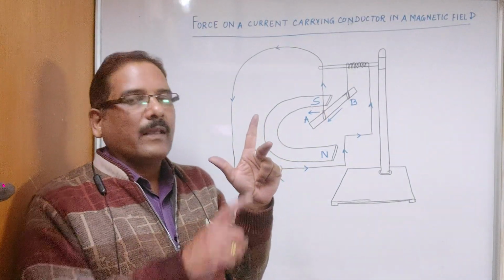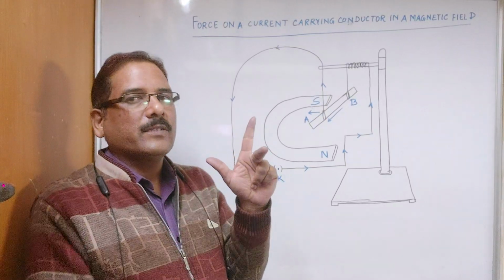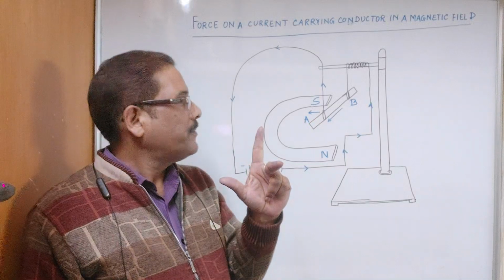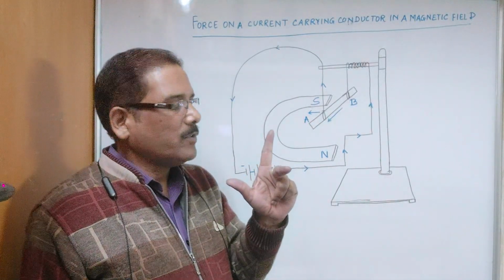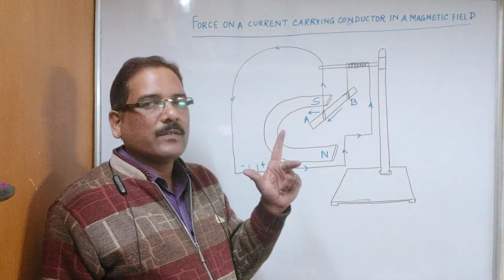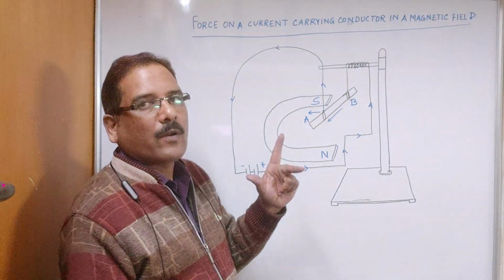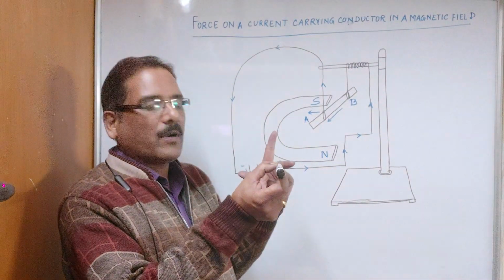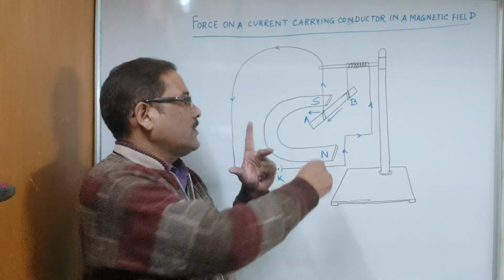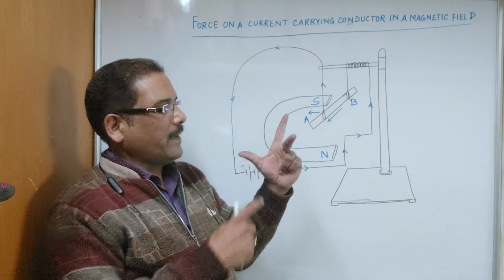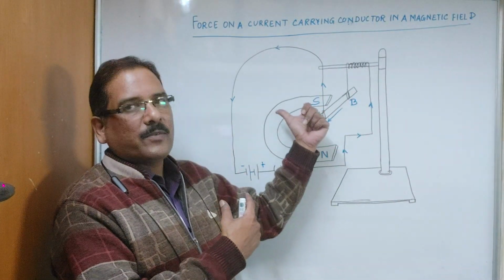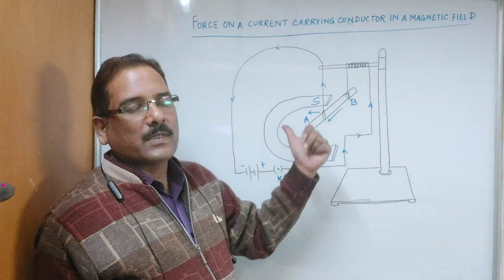The middle finger indicates the direction of current, and the forefinger indicates the direction of magnetic field. So you can compare the fingers with the diagram. The aluminium rod is facing towards you, and north to south is the direction of magnetic field. Then you see the thumb is towards the left, so that's why I have drawn an arrow towards the left.